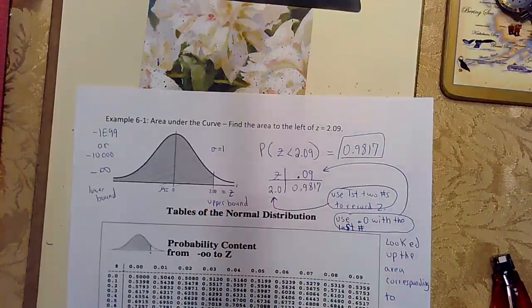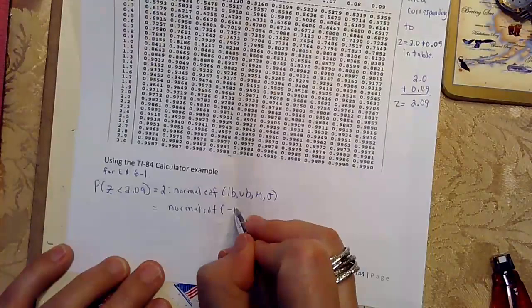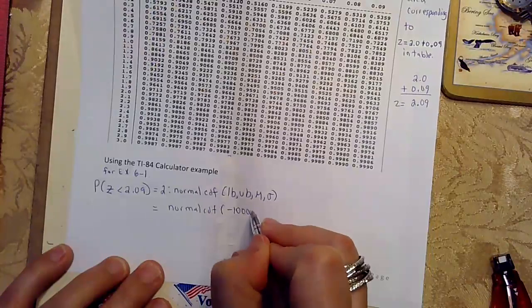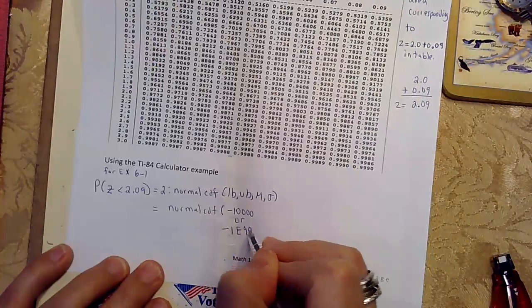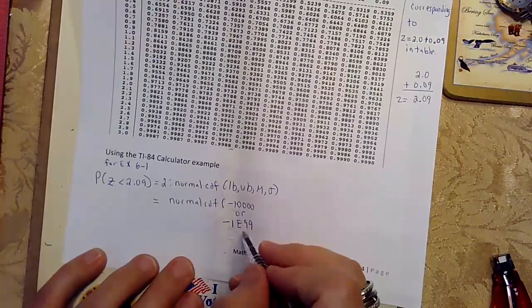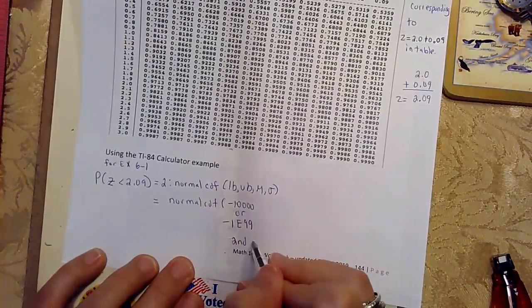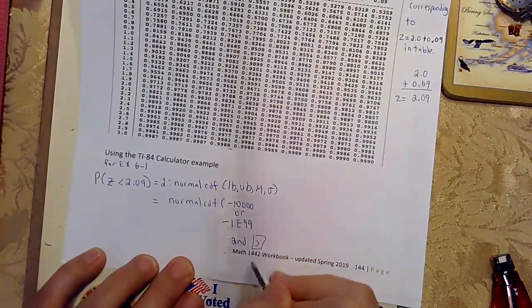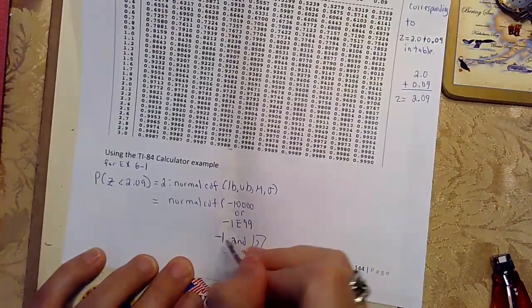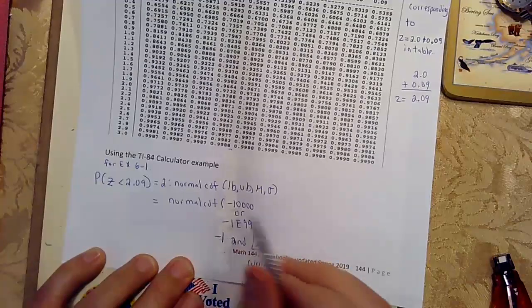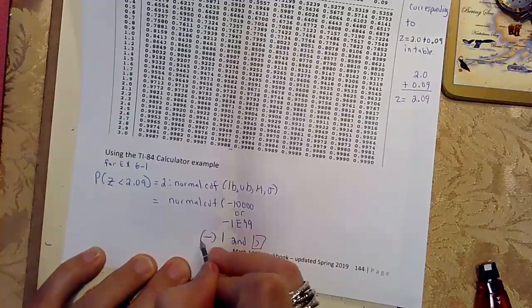Okay, which is this 2.09. So here the lower bound, you can use negative 10,000 or you can use negative 1 e to the 99. And if you use this, then you have to use the second button and then the comma. And you would have to type in negative 1. The negative on your calculator is this key here.